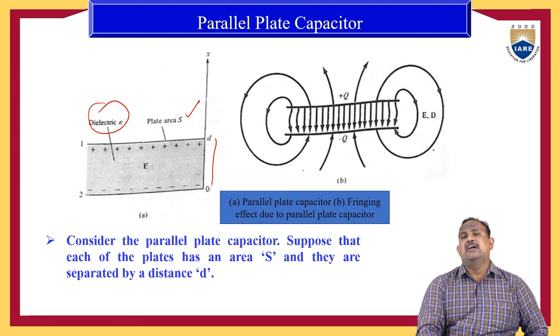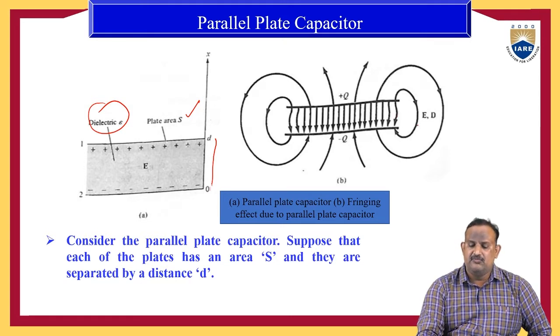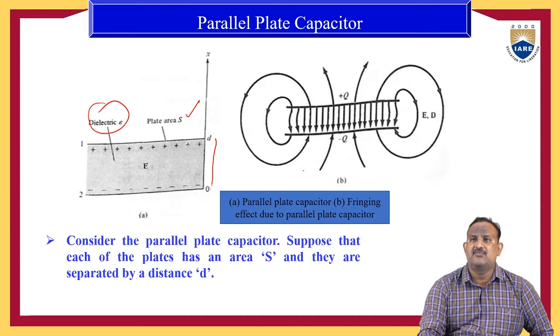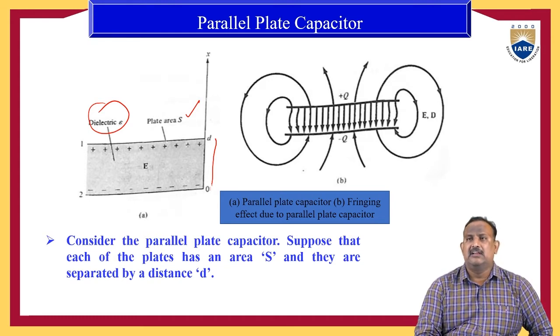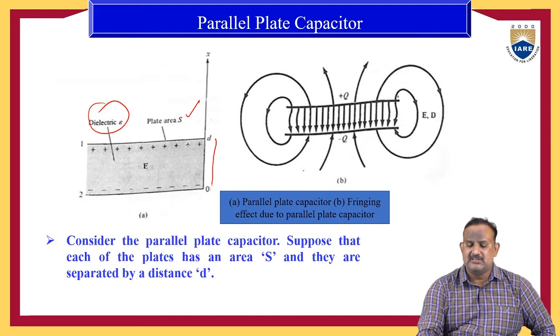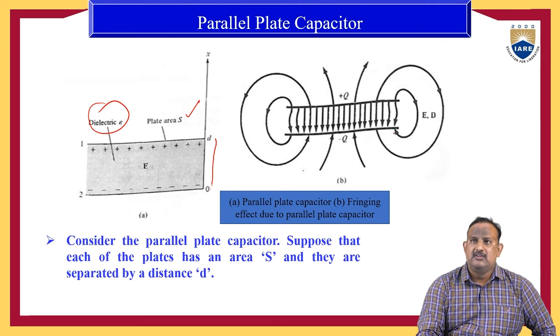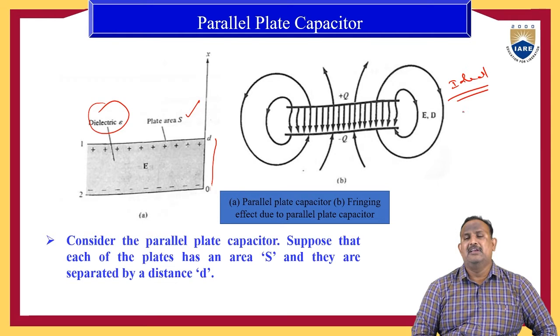This effect is known as the fringing effect. If you assume the ideal case, we can ignore the fringing effect at the edges. For a practical capacitor, some flux flows between the plates at the edges, but for an ideal capacitor we can ignore it.